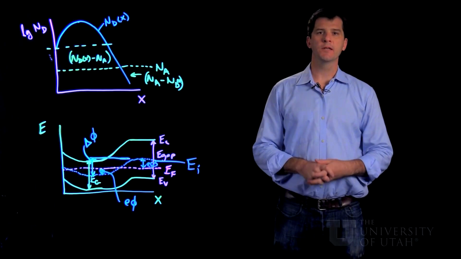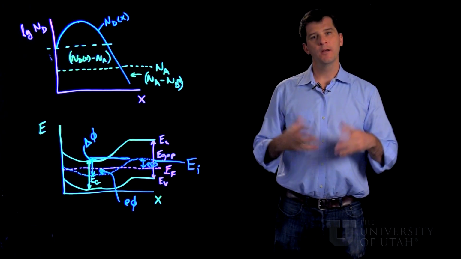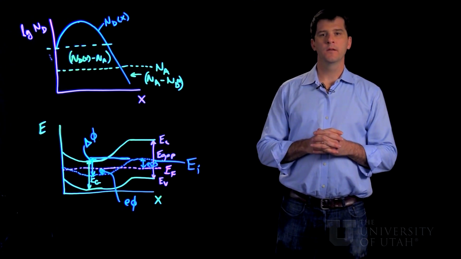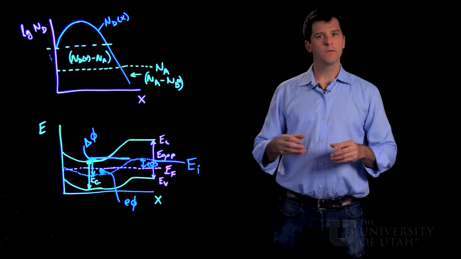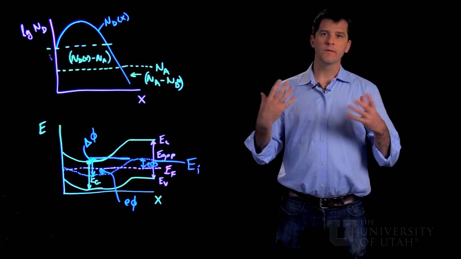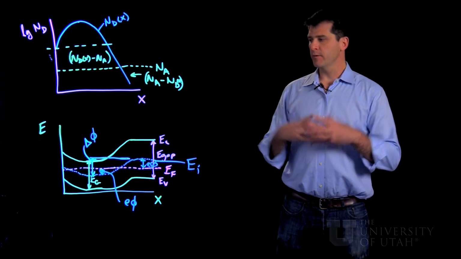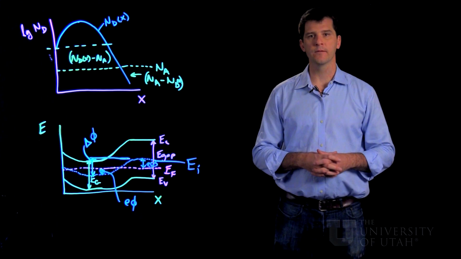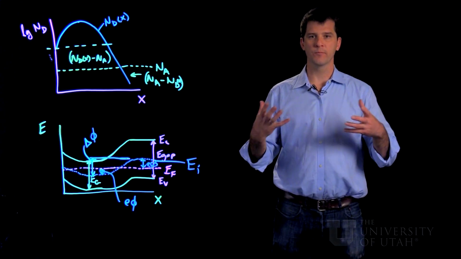So in this short section, we've looked at how a non-uniform distribution of dopants or carriers inside a semiconductor results in built-in voltages and band bending. And it's these differences in Fermi level position and this built-in voltage which allows us to construct devices out of semiconductors in the first place.